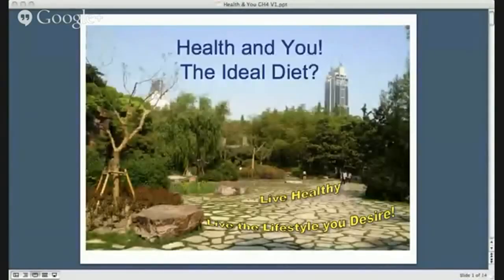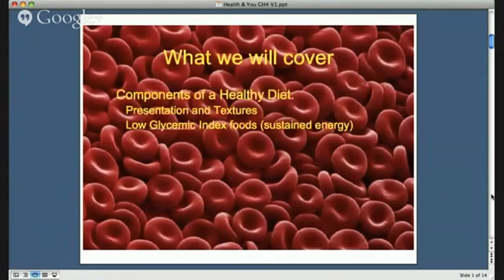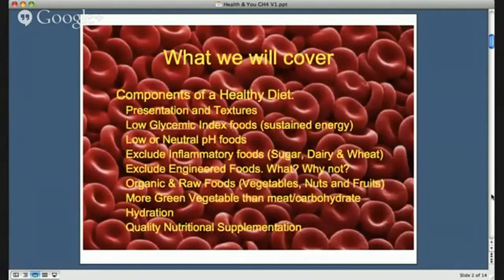I've got a fair bit, actually, of information that I wanted to share with you today, so it'll be fairly quick, I guess, fairly shallow in content. So let's get going. The context of today is the components of the ideal healthy diet.